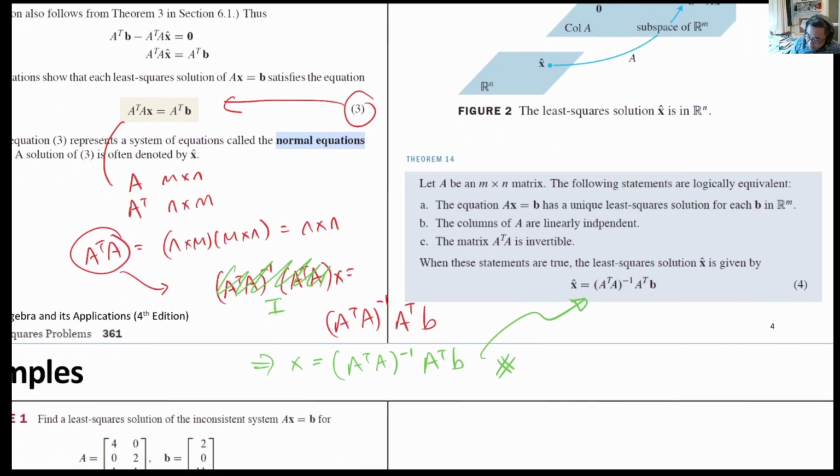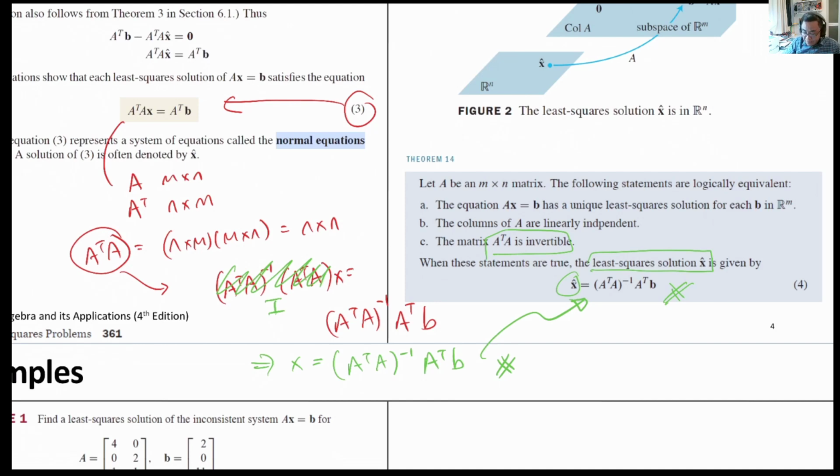So basically, if we have A^T A being invertible, we can get x hat in this form. Getting x hat in this form is the least squares solution of x, the x that will produce the least error, the least squares error.